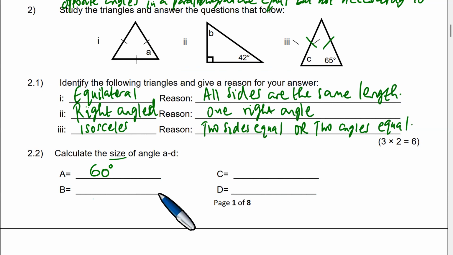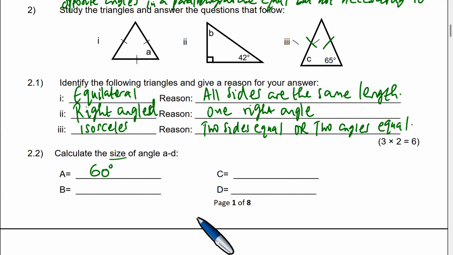Next, okay, B. What is the size of angle B? Says it 48. Why?